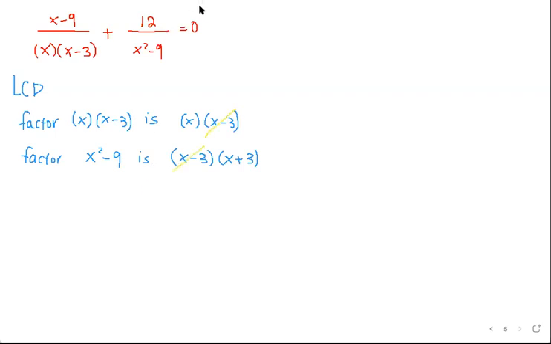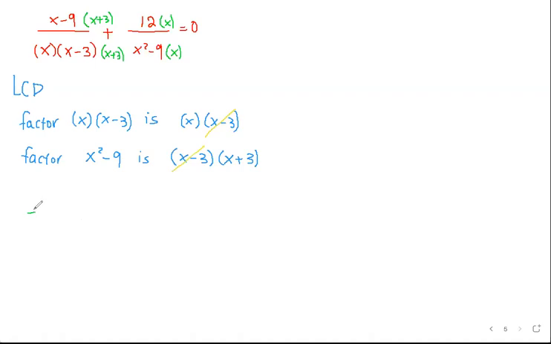Now we have to multiply the first fraction by x plus 3, yes, and the second by x, exactly. Now we have the same denominator after we multiply this one by x plus 3 and this one by x. This means both denominators are equal.